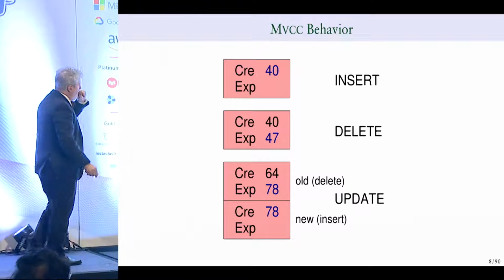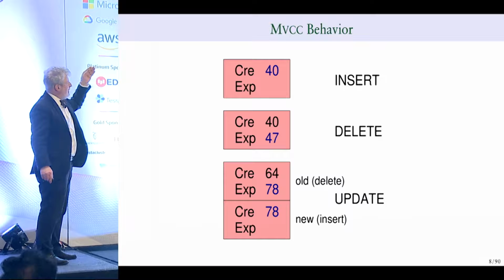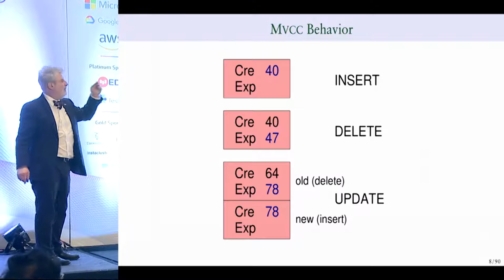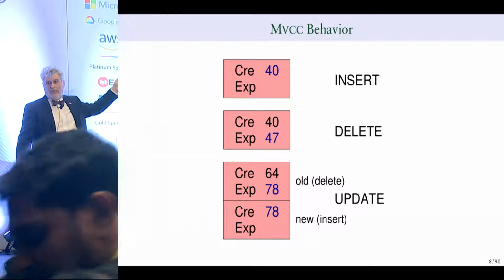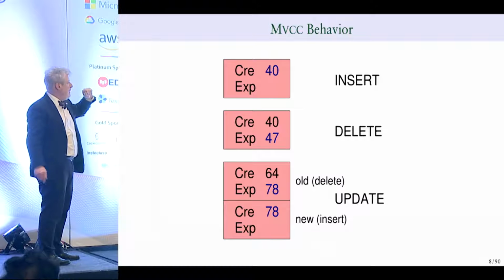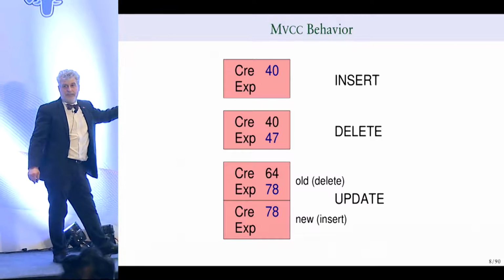So the first one, you can notice, it's telling me that row was created by transaction number 40, okay? And you can also notice that there's no expire on that row, okay? The delete, the second one, you notice that it's created also by transaction 40, okay?